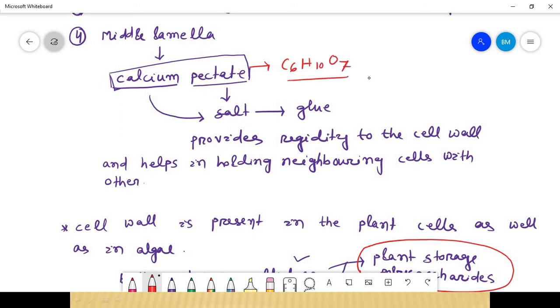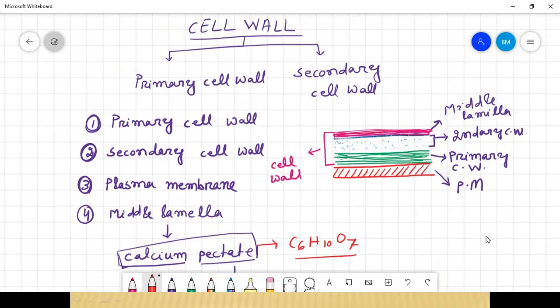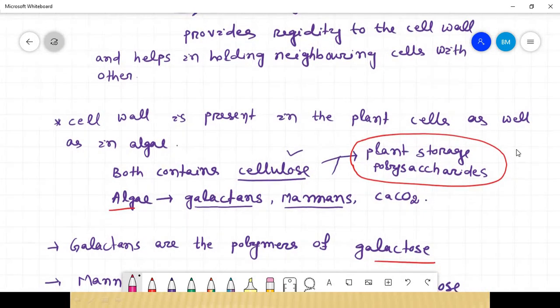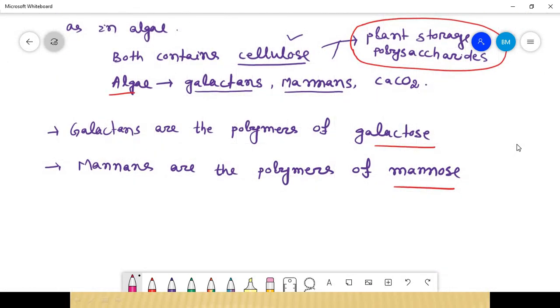That's the chemical formula of calcium pectate, and this is the structure of the cell wall. These are all about the cell wall. I hope all is clear now.